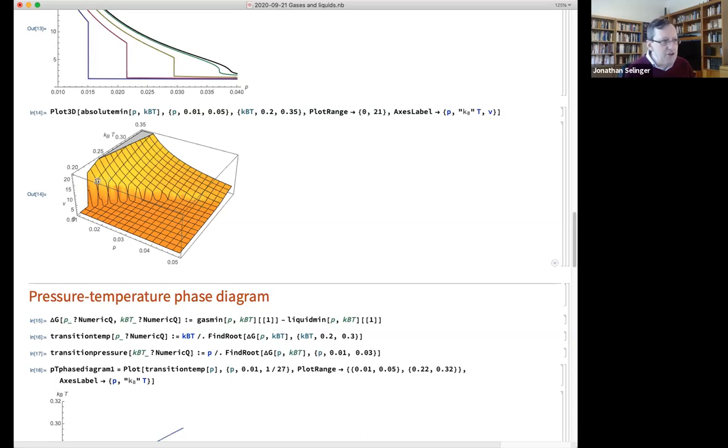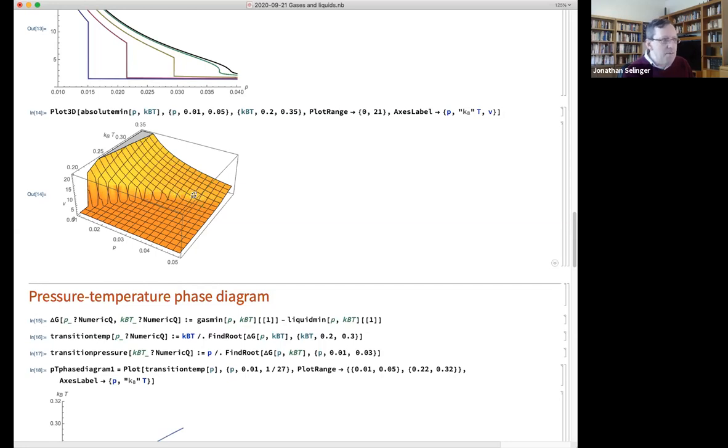liquid and gas. And it's a big jump at low temperatures and pressures, but as we move along and follow the boundary up to higher temperatures and pressures, the jump gets smaller.